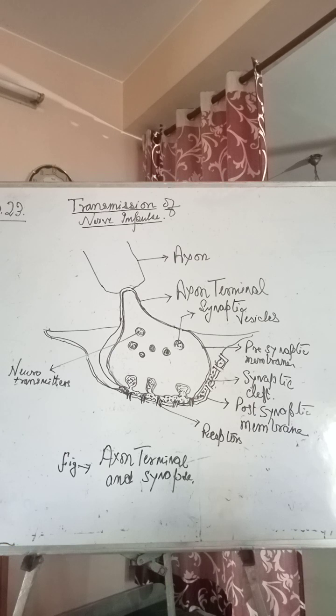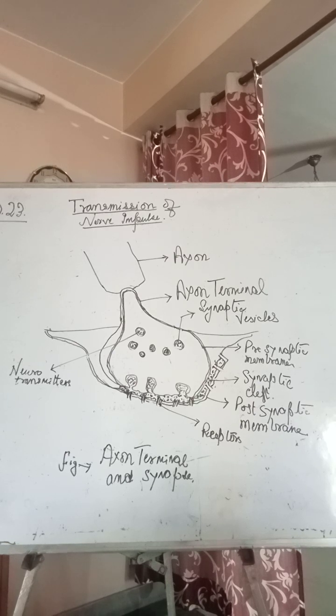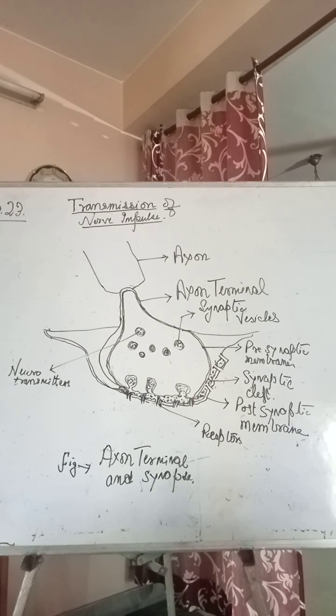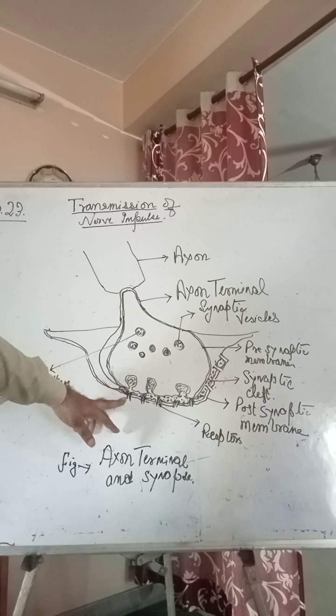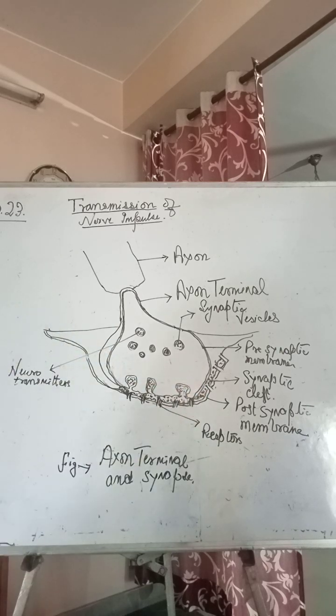The new potential developed may be either excitatory or inhibitory. So both kinds of action potential can be generated. The neurotransmitters are binding with the receptors of the postsynaptic membrane.